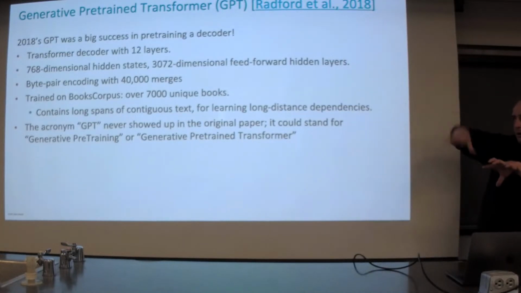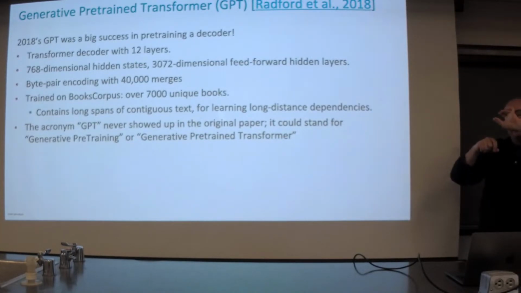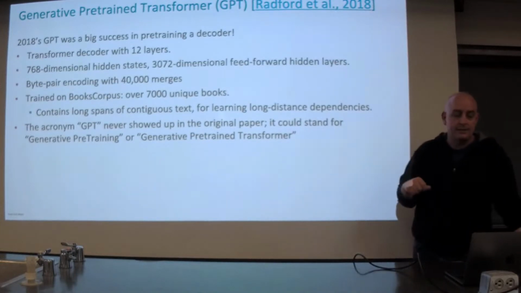So what did this look like? We just have the decoder part. Because we don't have the encoder part, we don't have the conditioning head where we condition the attention on the encoding tokens. We just have a single self-attention head, but it is masked so that we can't look at tokens that are ahead of us in the sentence.